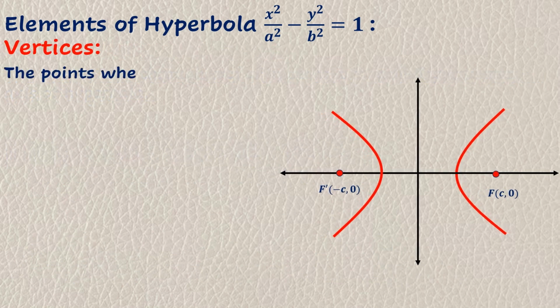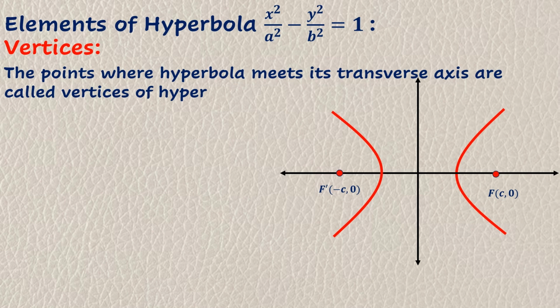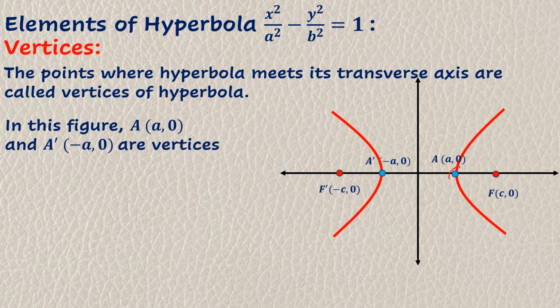Vertices of hyperbola. The points where hyperbola meets its transverse axis are called vertices of hyperbola. And in this figure, A and A dash are vertices of hyperbola. If you want to find these vertices, as the transverse axis is x-axis, therefore just put y is equal to 0 in the equation of hyperbola, and we get x square over a square is equal to 1.